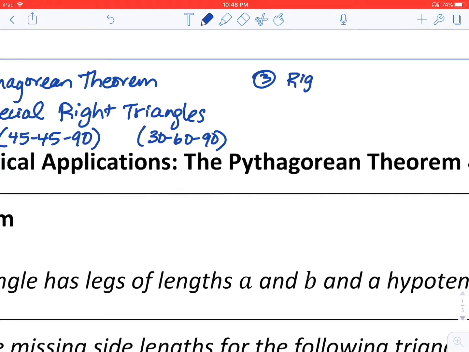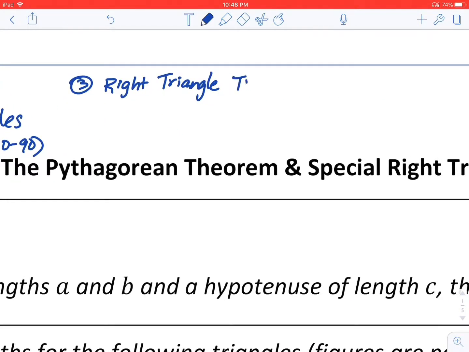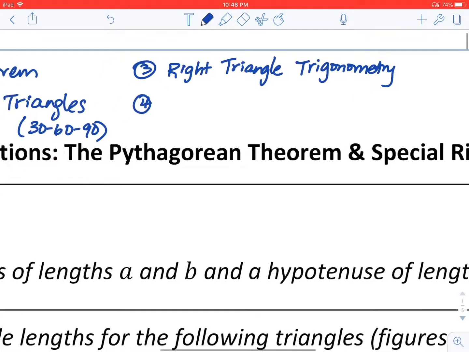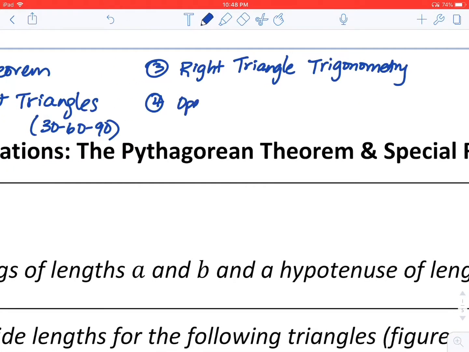Right triangle trigonometry. Prior to learning about that function stuff, we'll learn about this notion of right triangle trigonometry. And right after that, we will learn about some particular ways that we can perform operations on functions.